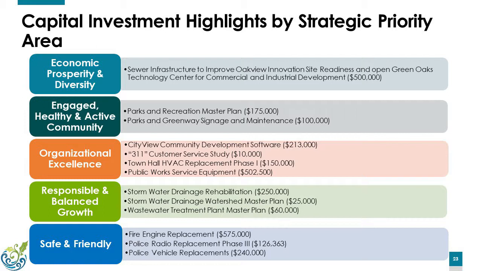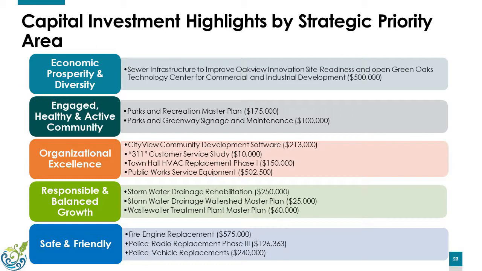There's also heavy investment in public works service equipment to replace aging equipment and reduce downtime and improve customer service. Of note, this includes a new knuckle boom truck, a new leaf truck, a new dump truck, and a tractor mower. In responsible and balanced growth, recommending stormwater drainage rehabilitation of $250,000.